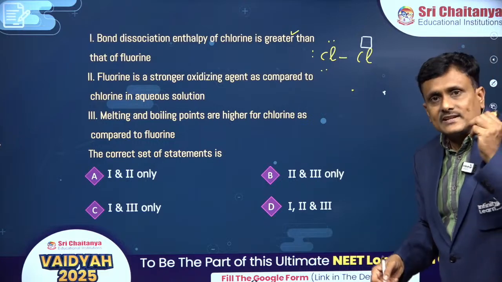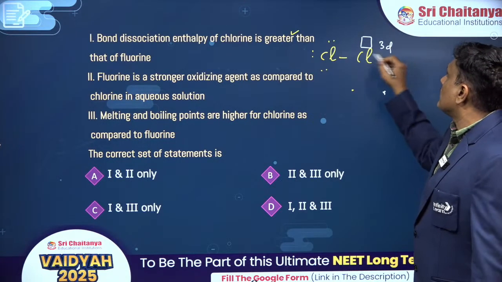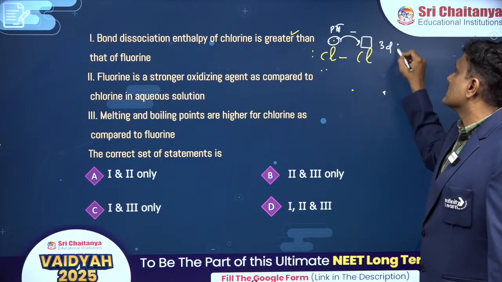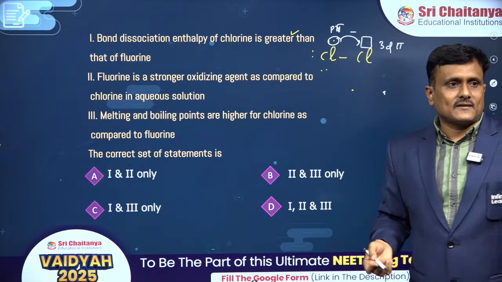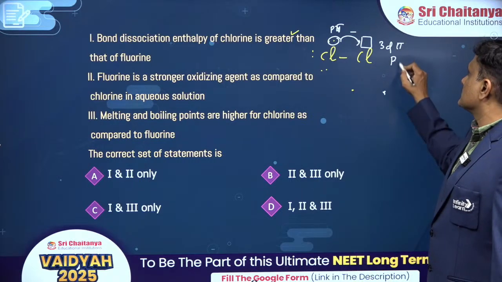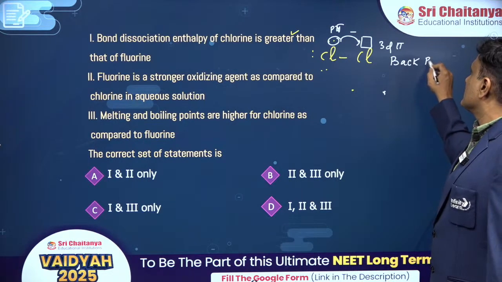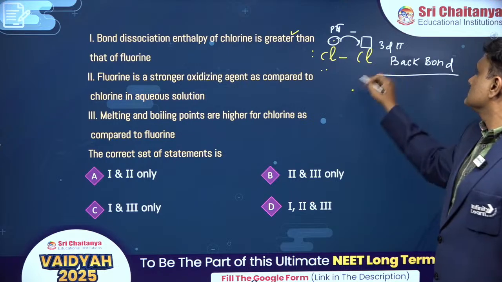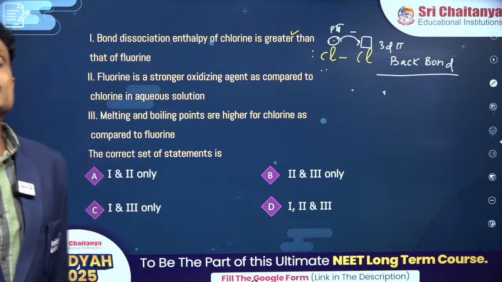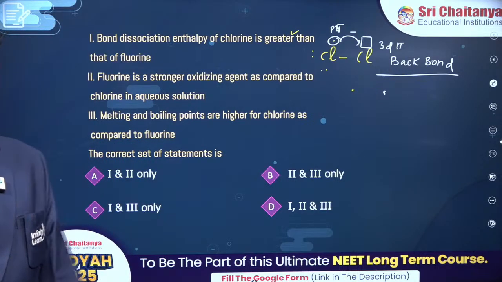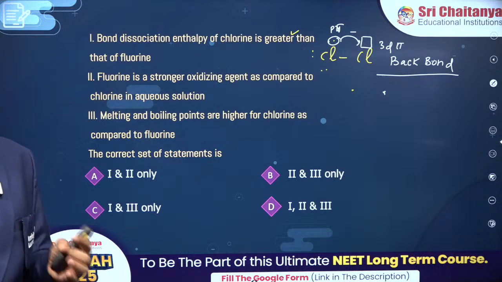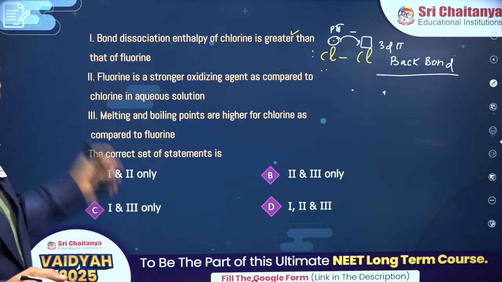So what they form is p pi d pi back bonding. Maybe this is the reason why the bonds are assumed to be stronger in chlorine. Moksha, there is back bonding in Cl2. Bonds are stronger than fluorine.